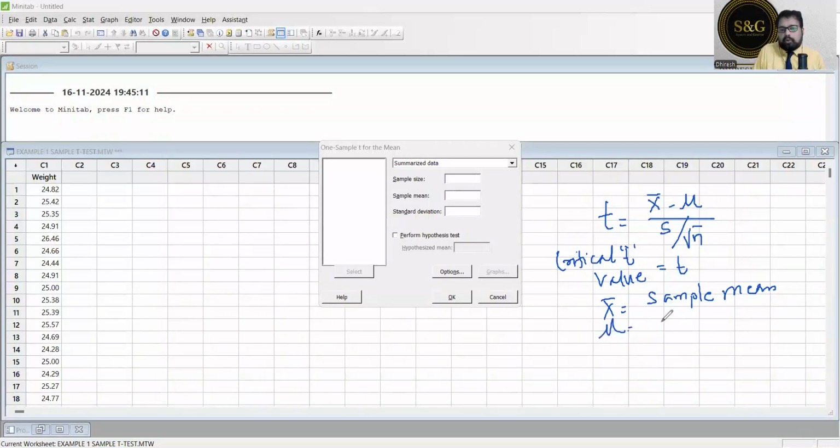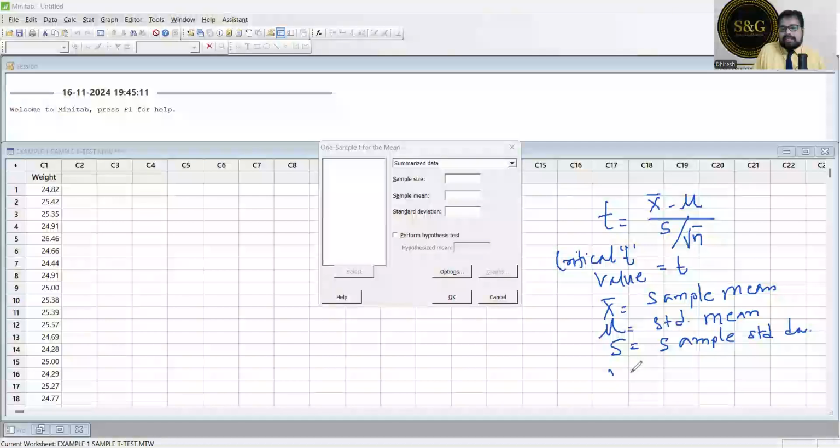Mu is equal to standard mean. S is equal to sample standard deviation. And N is equal to number of data points, or sample size, you can say. Write this down.